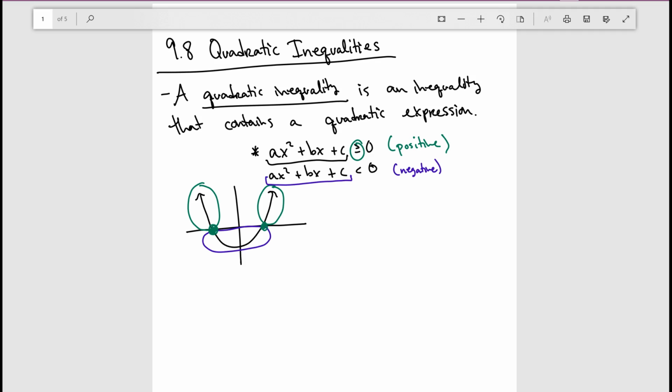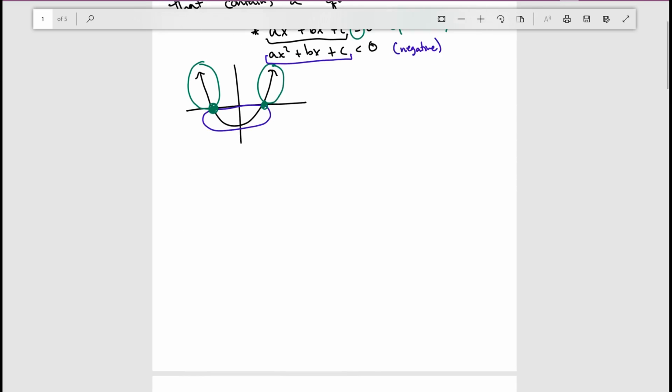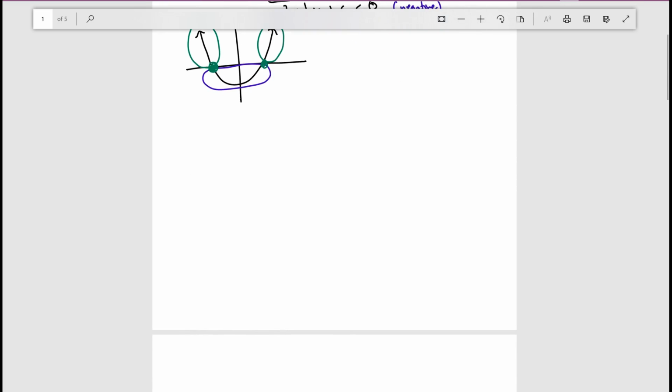So how would you solve problems that look like this? Well, these are very simple to actually do. They just look really scary. To solve quadratic inequalities, I'll just write them as QIs.